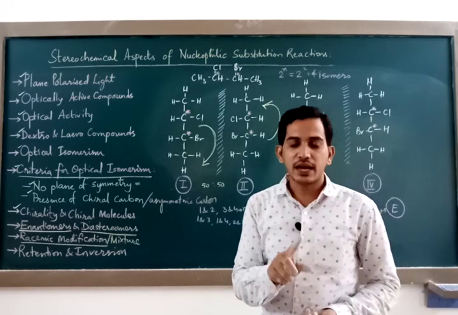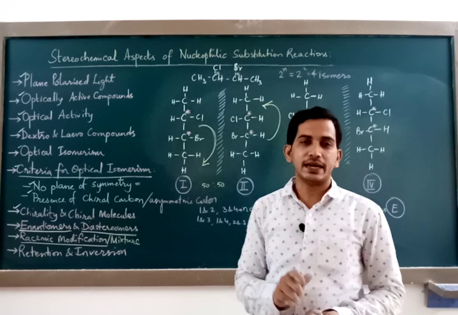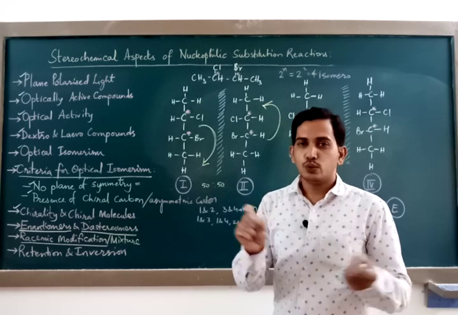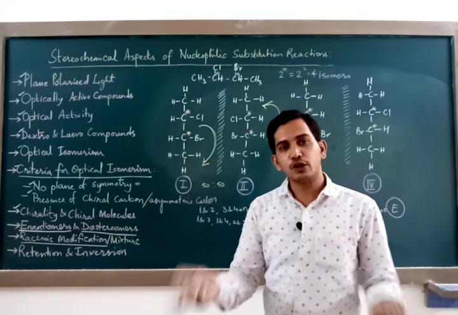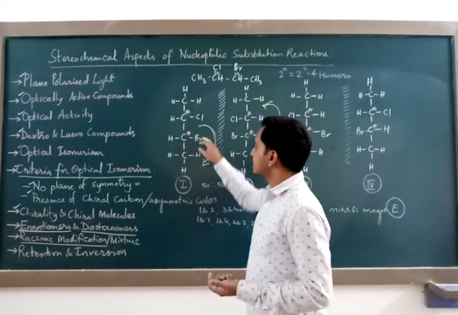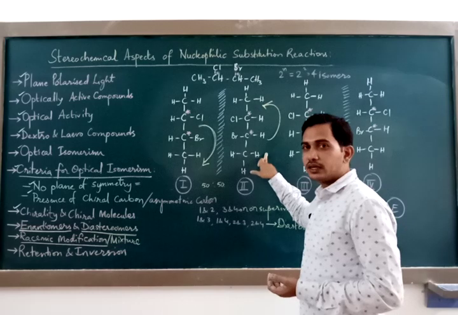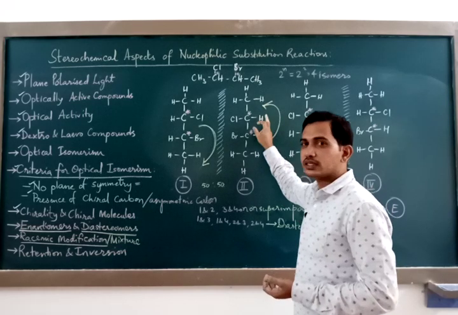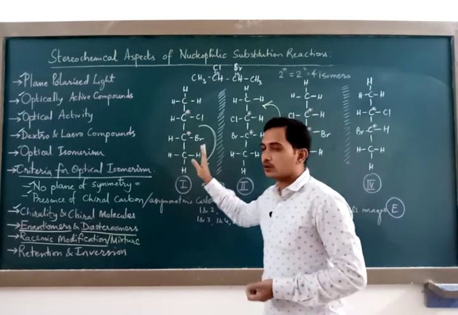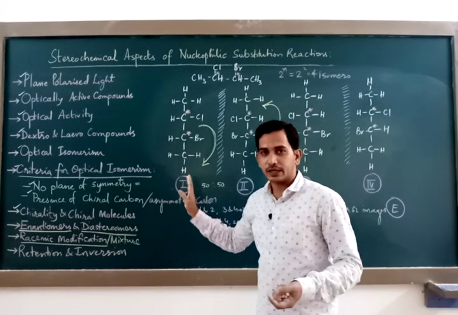An enantiomer has 100% optical activity. Two different enantiomers will have different optical activity. If this rotates light in clockwise direction, the other isomer will rotate light in anti-clockwise direction. Their optical rotation, their specific rotation will be different.